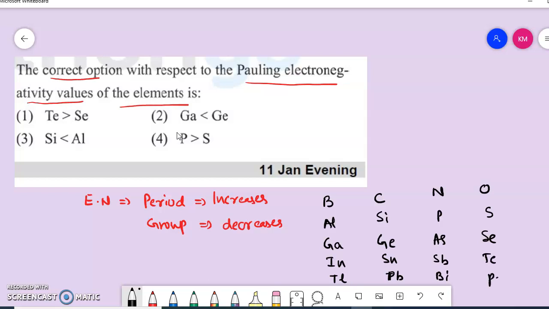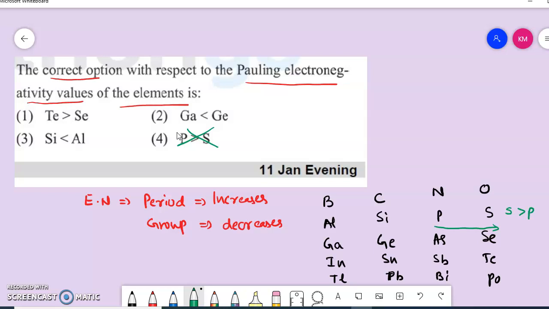Selenium, tellurium, polonium. If you observe here, across the period from phosphorus to sulfur, electronegativity increases. That means sulfur is greater than phosphorus, but they have given phosphorus greater than sulfur. This option is omitted. Okay.